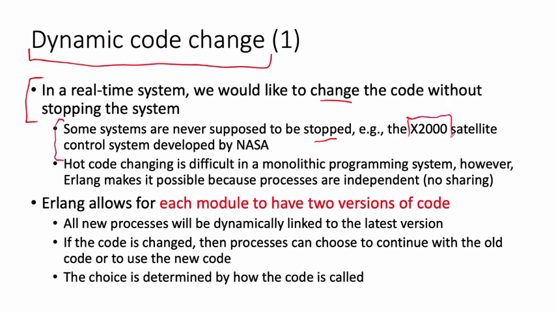Some systems are never supposed to be stopped. The example given by Joe Armstrong is the X-2000 satellite control system developed by NASA. But there's another example we saw in a project, which is the Danish National Medical Database.